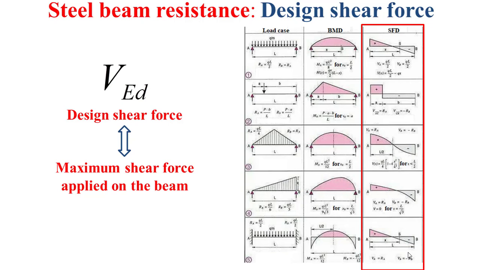You can notice, for example, here that for a beam with a length L, supported by 2 hinges at the points A and B, and subjected to a distributed load denoted by Q, based on the shear force diagram SFD, the maximum shear force is applied at the points A and B presenting the hinges, and the maximum value of the shear force is V equal to Q multiplied by L divided by 2.